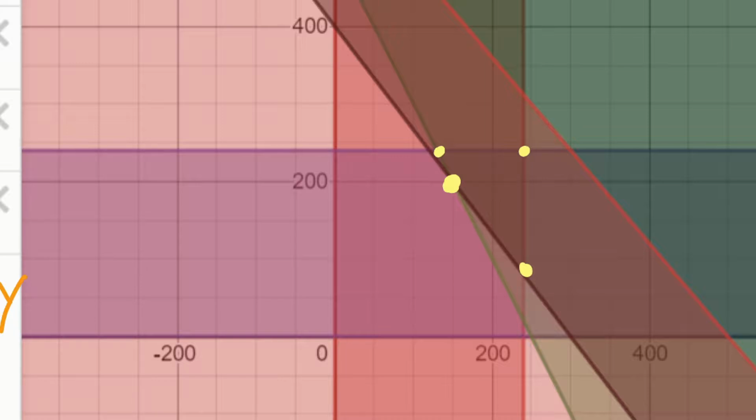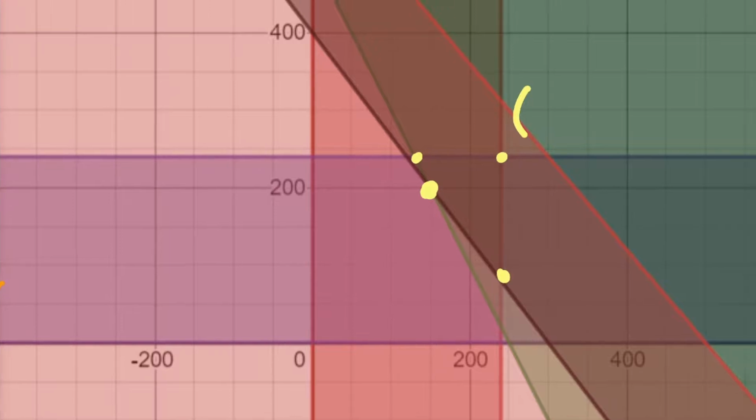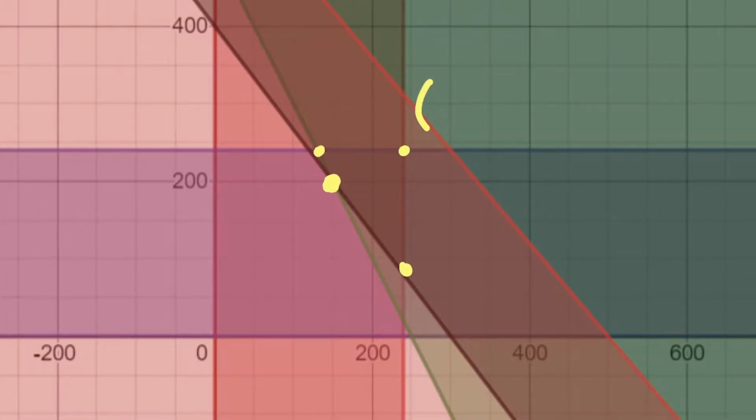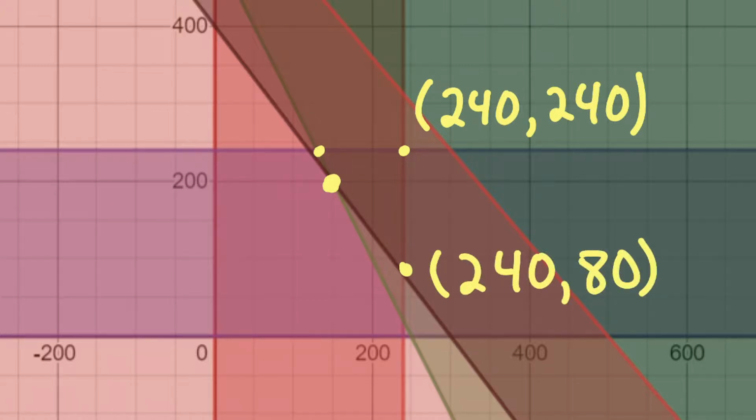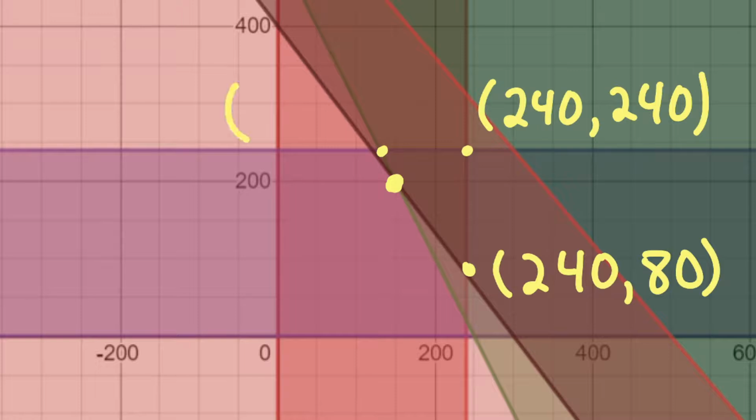And so we have this point, which is 240, 240. So both plants being open 240 days a year. This one's 240, 80. This one over here is 130, 240. And this last one is, whoops, 150, 200.